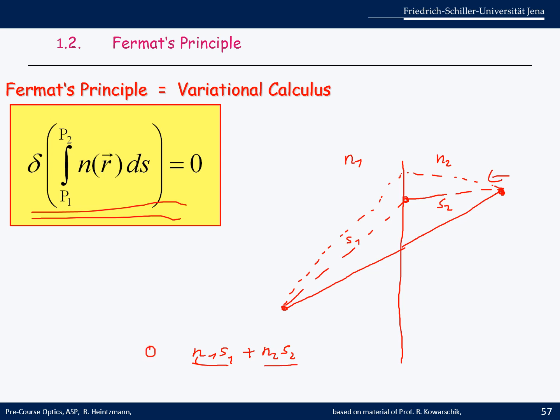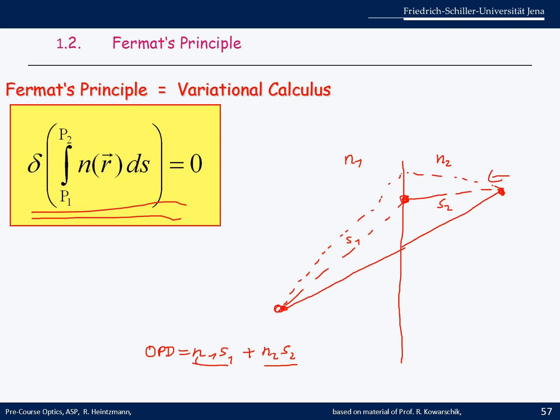This is the optical path in medium 1 and the optical path in medium 2. We add them together, which is often indicated as optical path difference. This optical path as a sum, we would then want to minimize. So the light takes basically the shortest path when we add the two together.